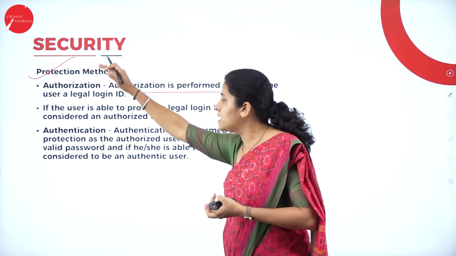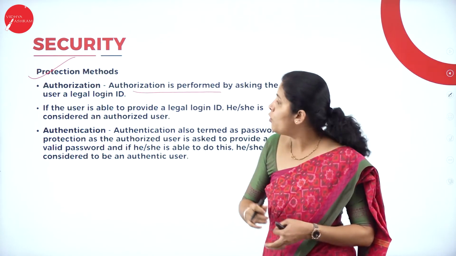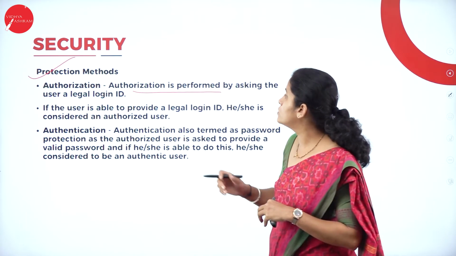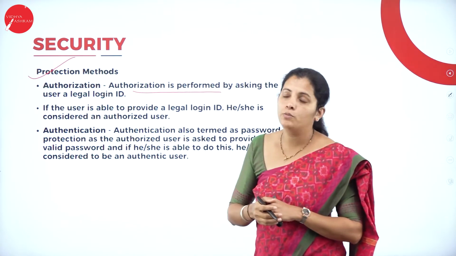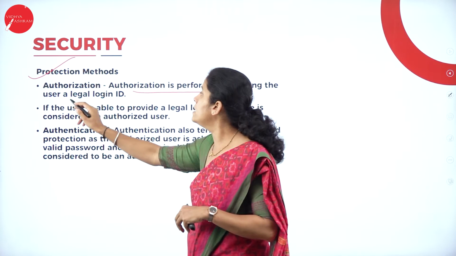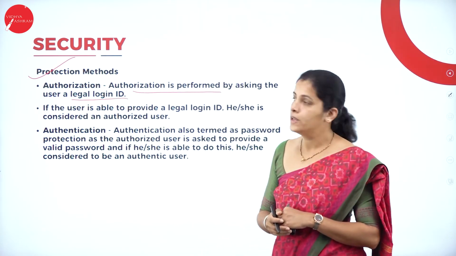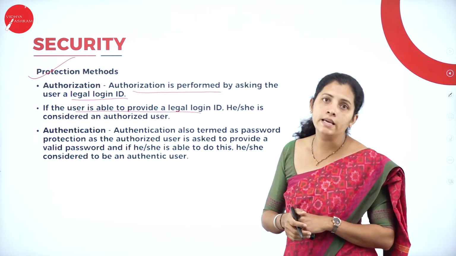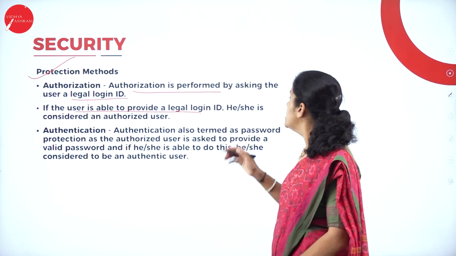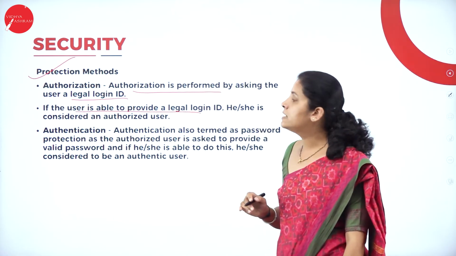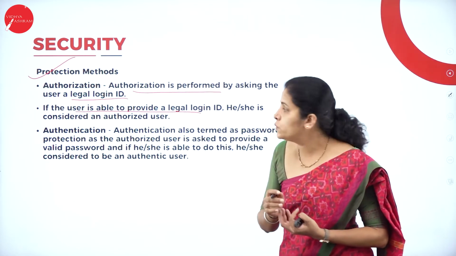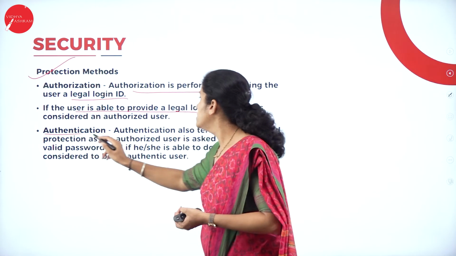So whatever transaction we are going to perform, before that we have to provide authorization. That is carried out by providing the legal login ID. If the user is able to provide the legal login ID, he or she is considered an authorized user. Then we are going to have authentication.